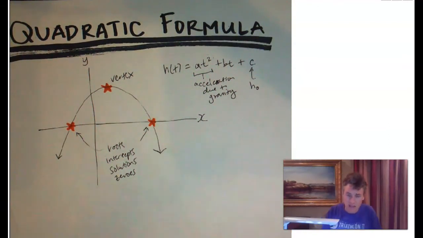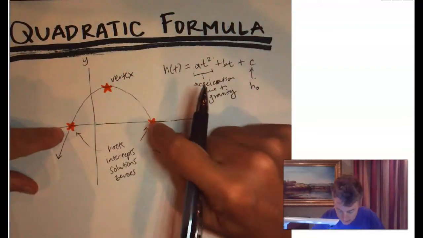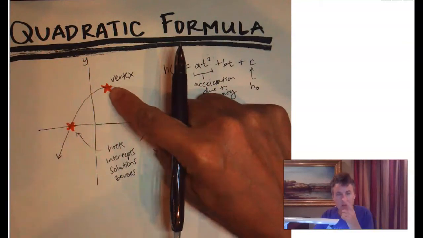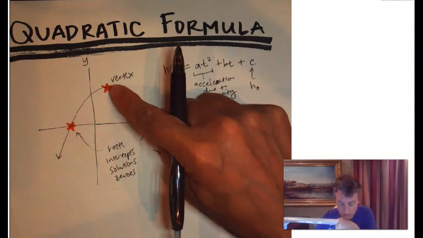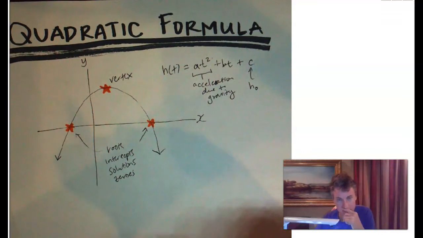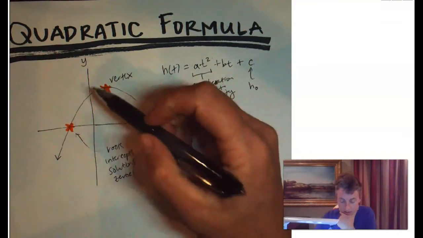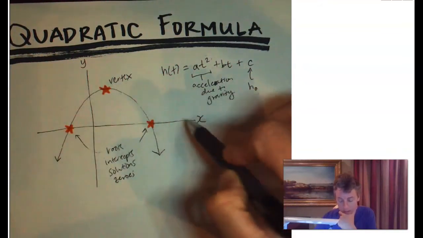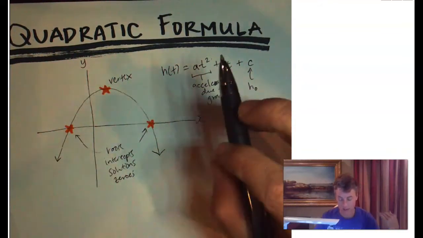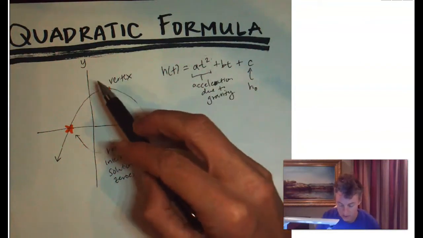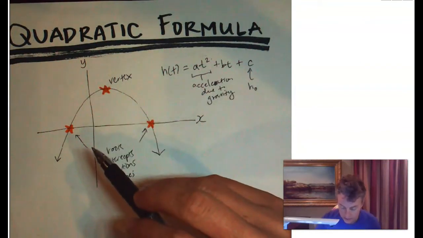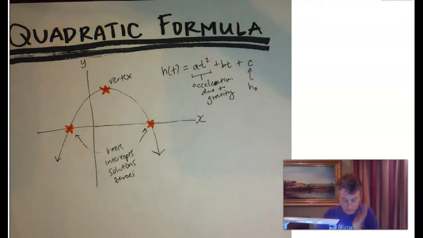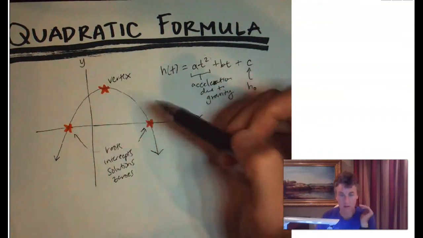And interestingly, these things are always related to this thing. So if you know the vertex of your parabola, and you know whether it's a really skinny parabola or a super wide parabola, so you know the coefficient in front of the first term, telling you how fast it's growing, then you'll always know where these are.